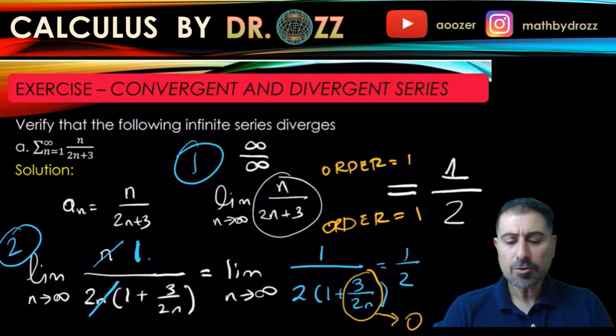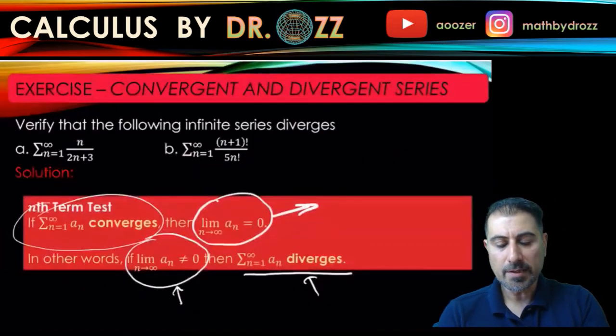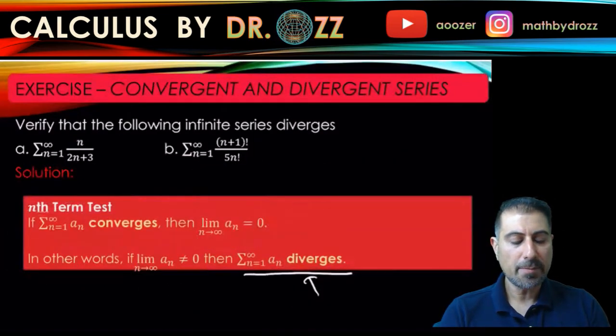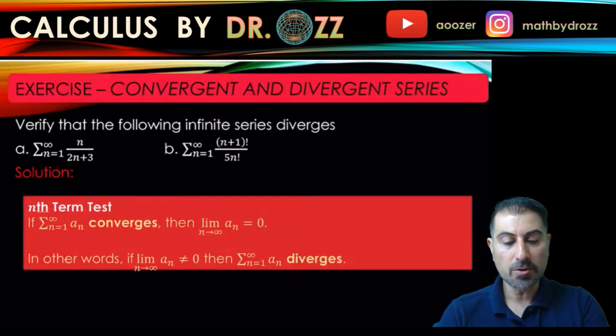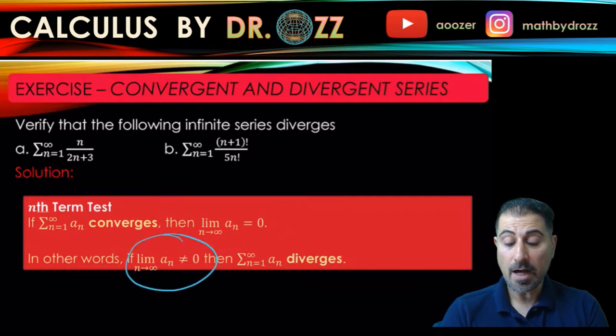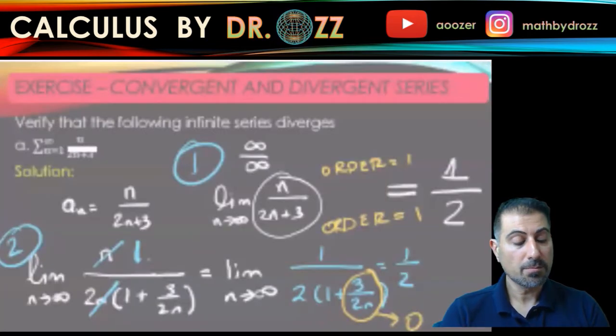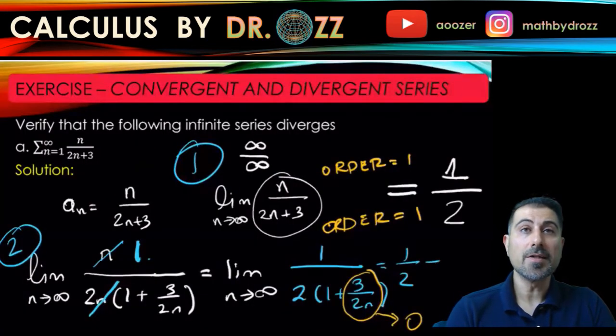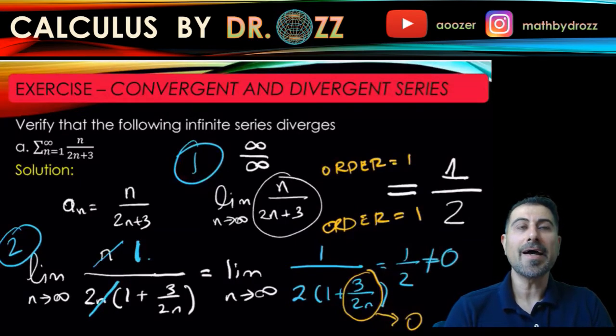So what does the nth term test say? It says that if the limit is not equal to 0, which is the case right here because 1/2 is not equal to 0, then the infinite series diverges.